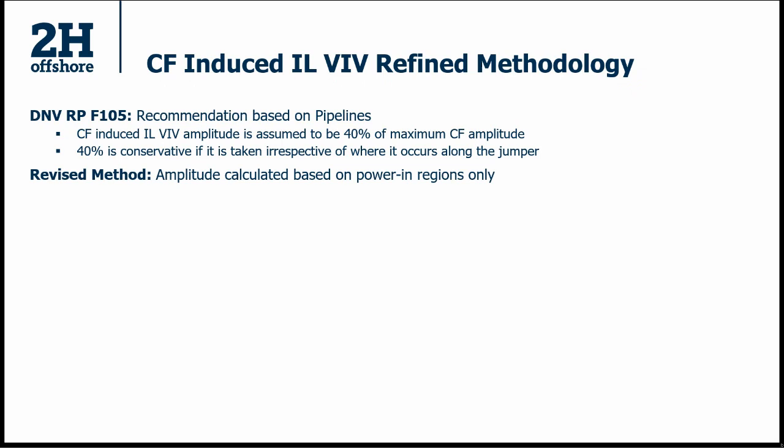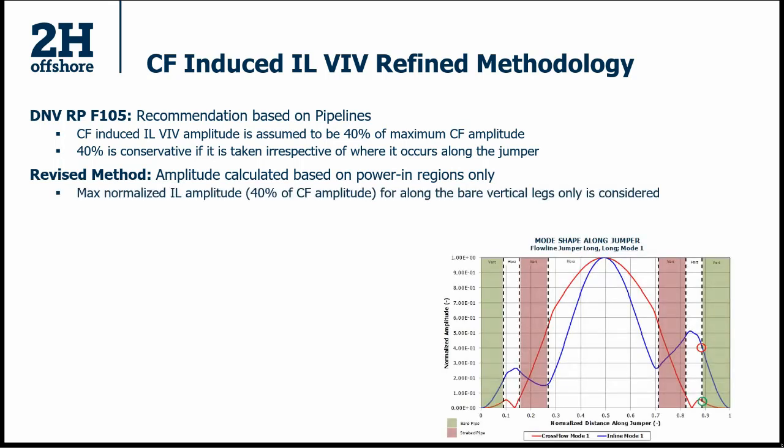What we did was apply the amplitude of vibration based on the power-in region of the jumper, rather than choosing a maximum amplitude from any location on the jumper. The main reason for doing this is, when you saw the jumper modes of vibration, the vibration in-plane and out-of-plane are quite different. You may not get your maximum amplitudes at similar locations.